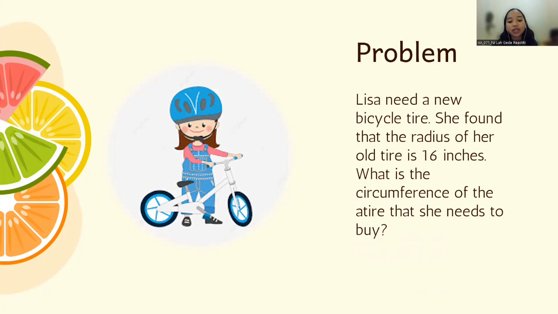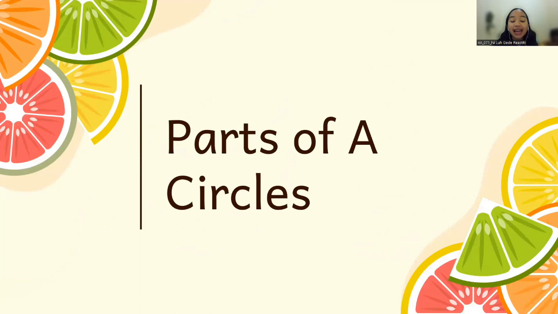But since we just encountered a technical term, circumference, let us first define what circumference is. We have here a circle, and before we delve into the concept of circumference, let's review the parts of a circle.